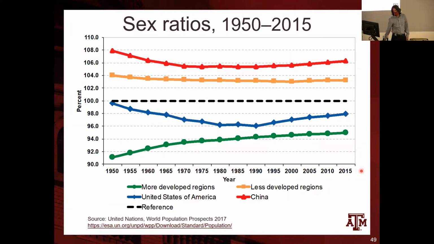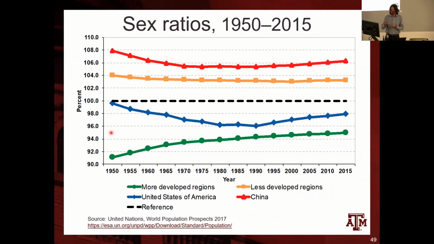What we see is that in more developed regions, including the US, the sex ratios are below 100. What does it mean? Overall, more women than men.